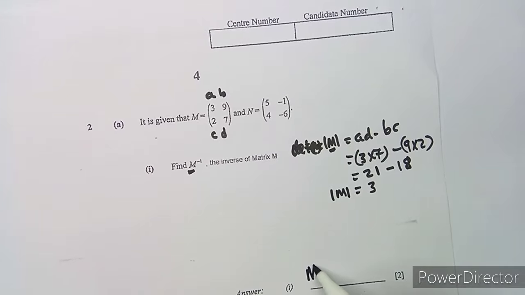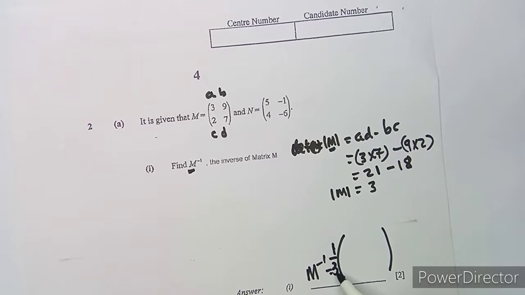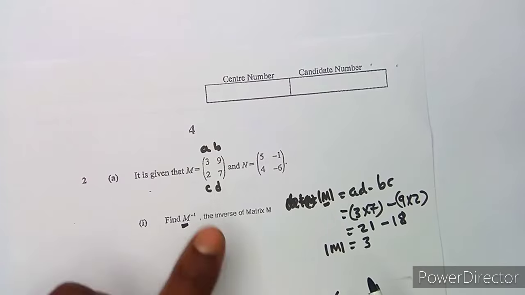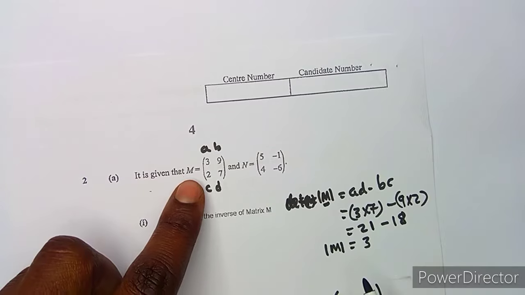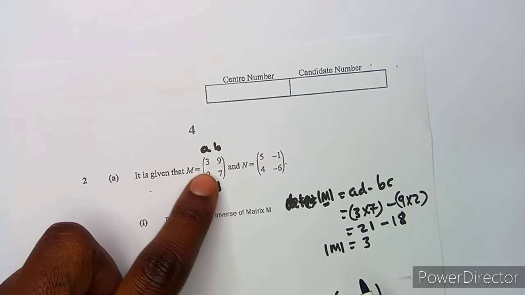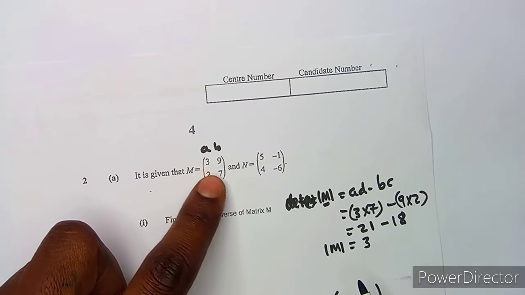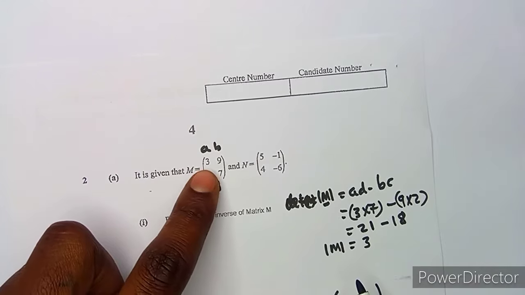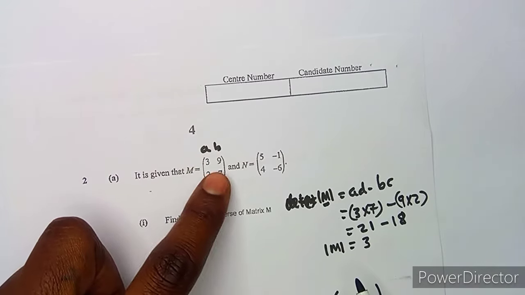Now for you to have the inverse of M, we are going to have our matrix like this, guys. 1 over the determinant, which is 1 over 3. Then in your matrix M, remember A and D, they interchange their positions. So these two are going to interchange their positions, which is going to be 7 in place of 3, 3 in place of 7.